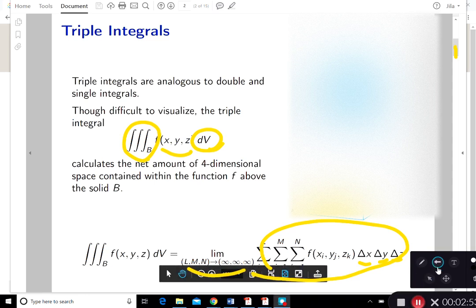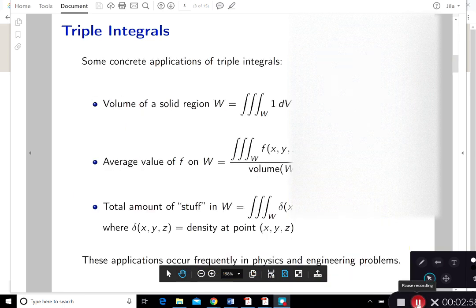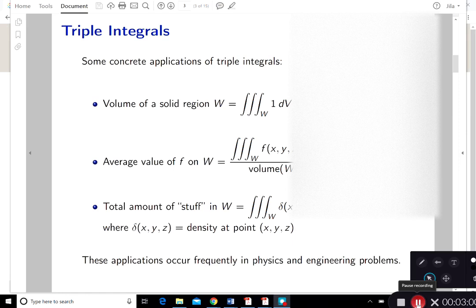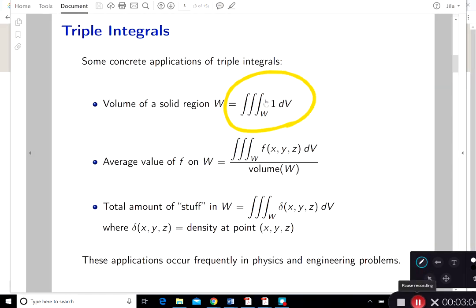And so that's how it works. Now let's go to the next page. Some ways to show a triple integral, we're going to discuss later.